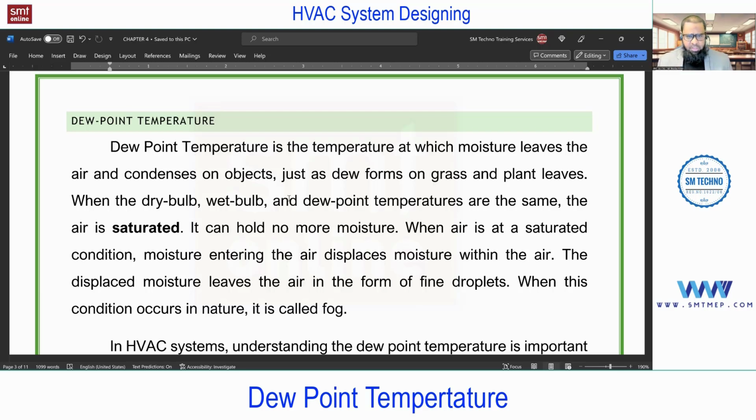Very simple. You know this in day-to-day life. You can relate this. Just consider a glass of water. Just assume that this is a glass of chill water, which I've taken from the refrigerator just now, for example. And if I place the chill water glass at room temperature, what will happen after some time at the surface of this glass?